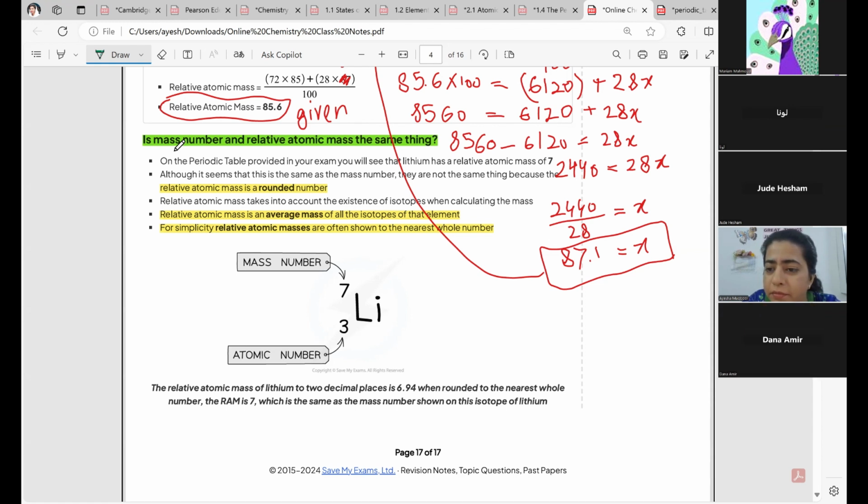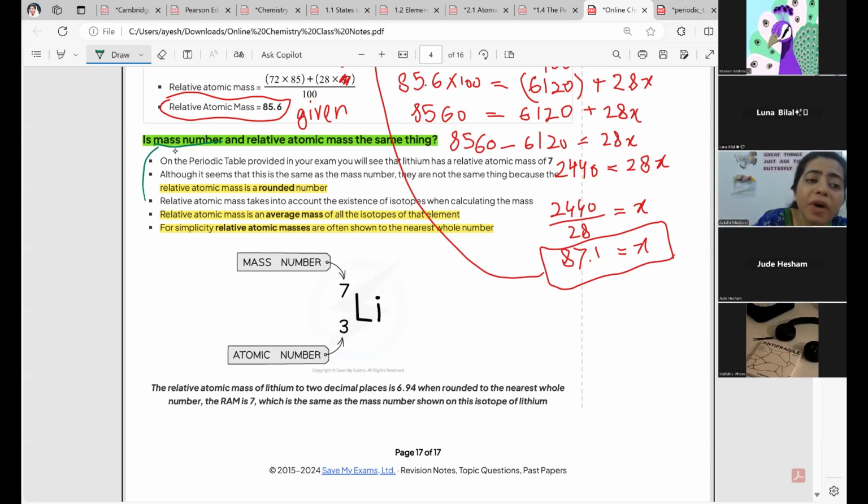Yes, miss. When we calculate the relative atomic mass, we consider that there are many isotopes of the element, but in the mass number, we don't consider the isotopes. That's very good. That is basically the right answer. Mass number is the number of protons and neutrons. Relative atomic mass is also comparison of the mass, but mass number is only for one isotope at a time.